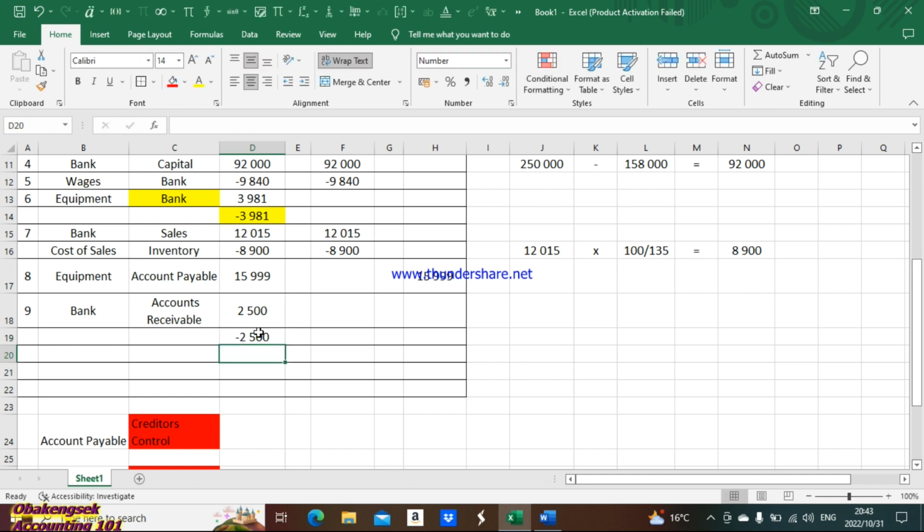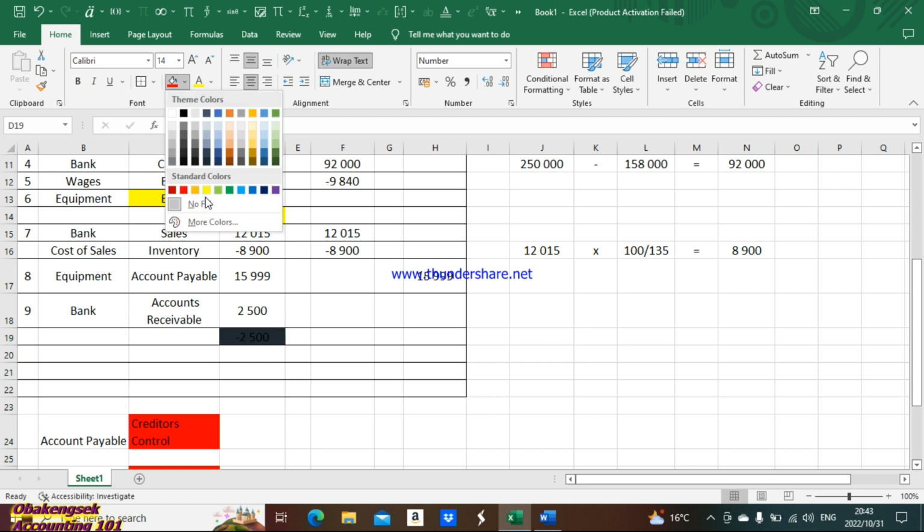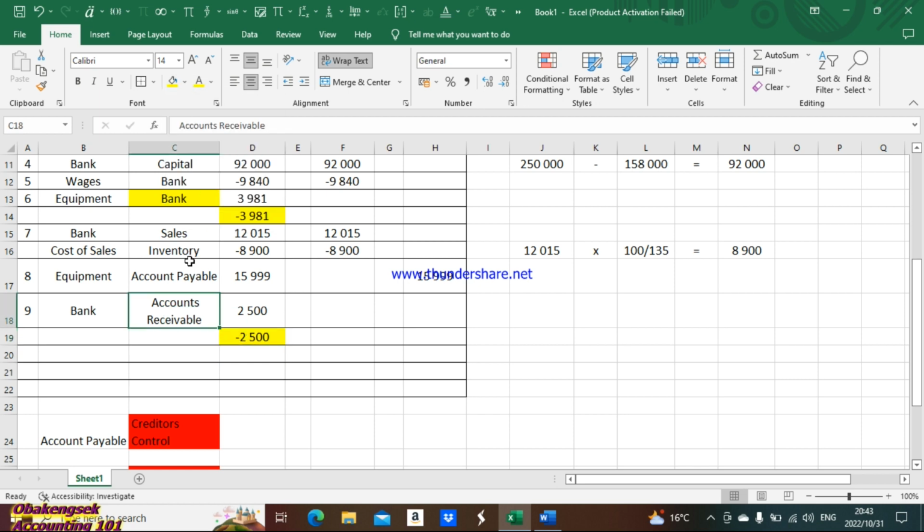You see, our bank increased because we got money into our bank, but the people that owe us decreased. Our debtors control decreased by 2,500, yet we have money in our bank account, 2,500 that we got. So I'm going to do the same as I did here and highlight it to show that this accounts receivables is this amount here, and here I did show that this bank account is this negative amount here, the 3,981.